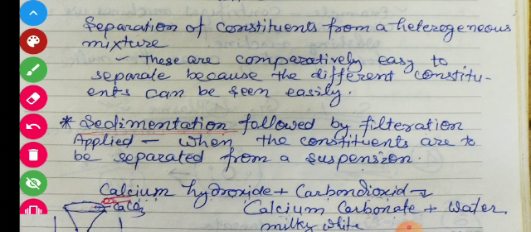So sedimentation, the name of this process, we can say sedimentation followed by filtration. And very important, it is applied when the constituents are to be separated from a suspension.